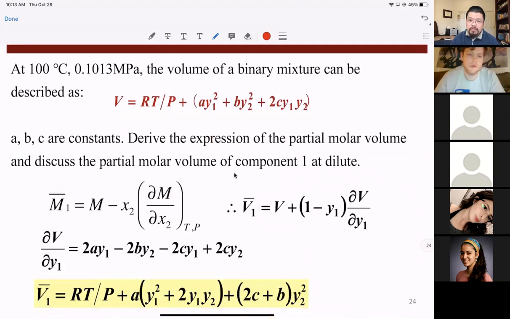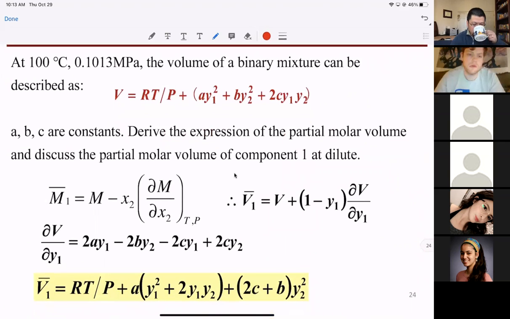Let's have another example over here. It says at 100 degrees C, that much of pressure. By the way, for this part of calculation, it's relatively a peaceful calculation because we no longer need to worry about the temperature and pressure change, simply because this partial molar property, when we define it, we have to require that we are going to fix the temperature and pressure.